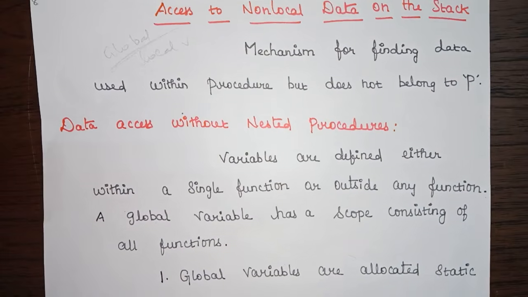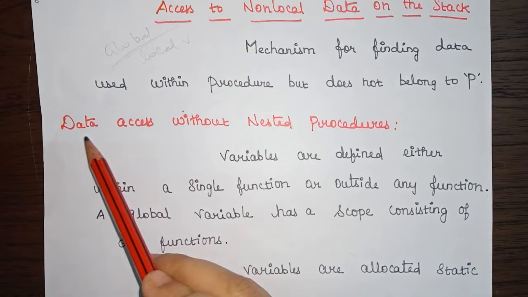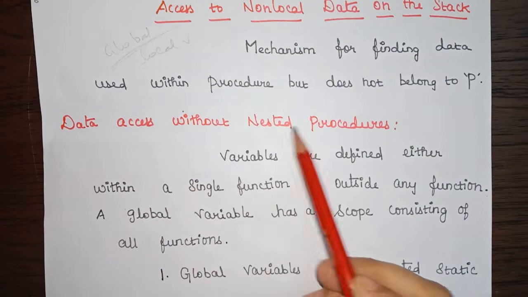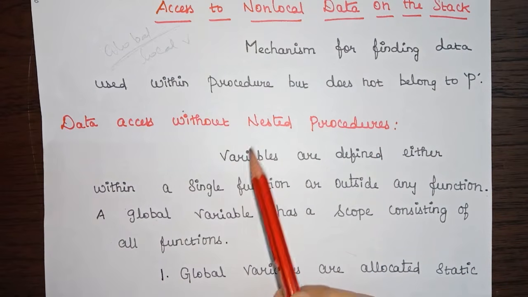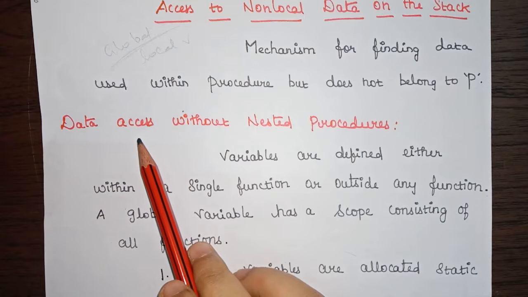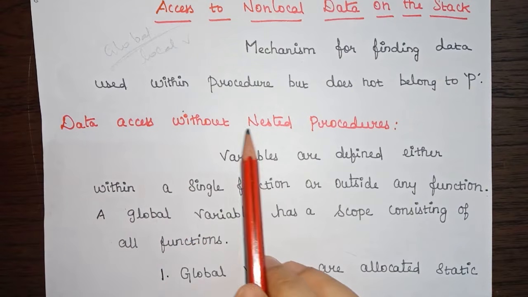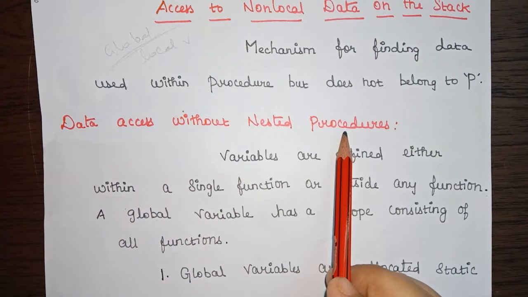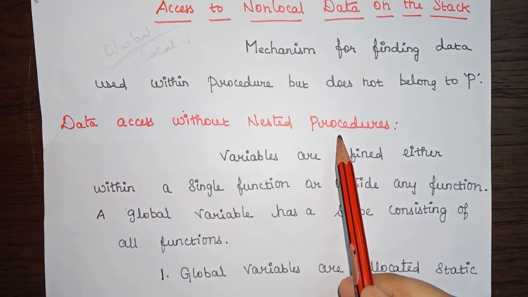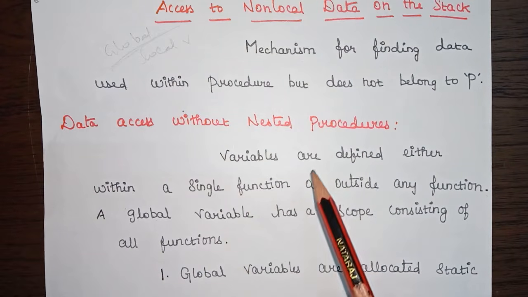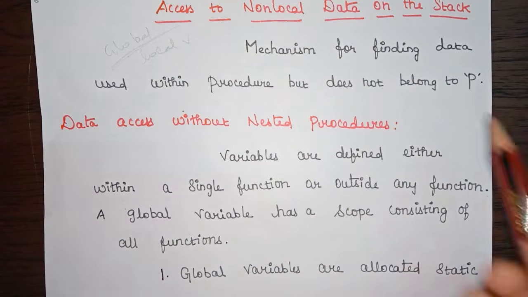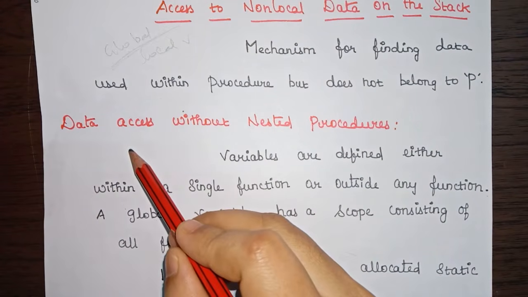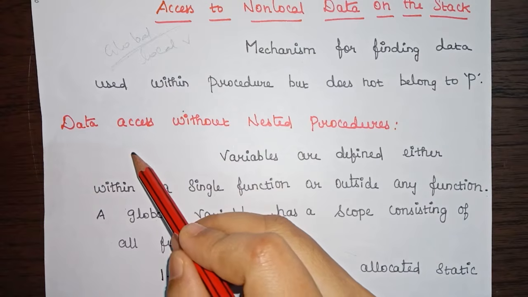Now we'll start the discussion with the topic, data access without nested procedures. Here we are going to see how a procedure accesses non-local data if it is not nested inside another procedure. The family of C languages doesn't support nested procedures. That is, we cannot define a procedure within another procedure.